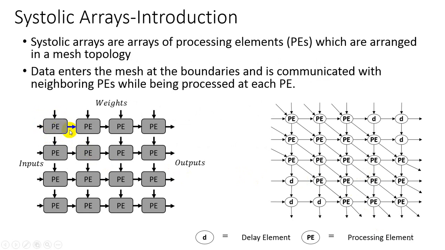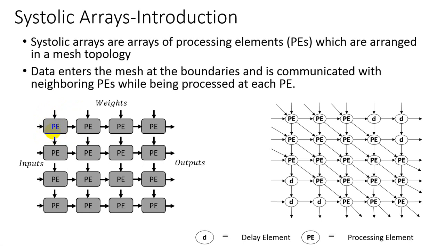They are connected adjacently from left to right and from top to bottom, and the processing elements are capable of performing additions, multiplications, or both additions and multiplications. We can also say that a processing element can perform single or multiple MAC operations at a time.